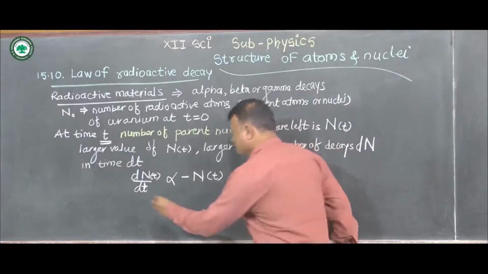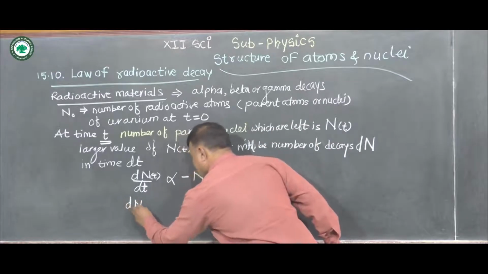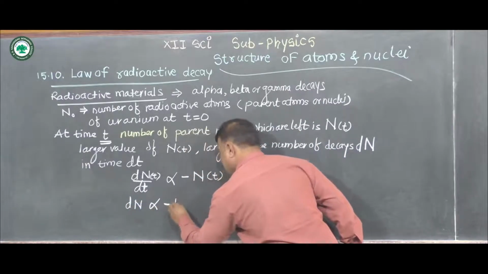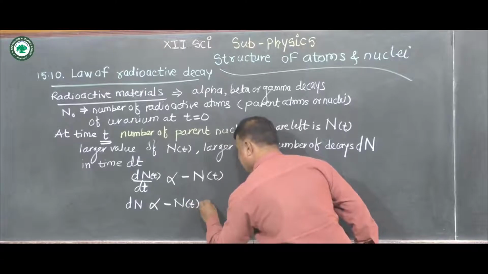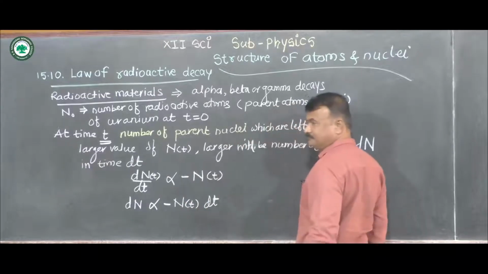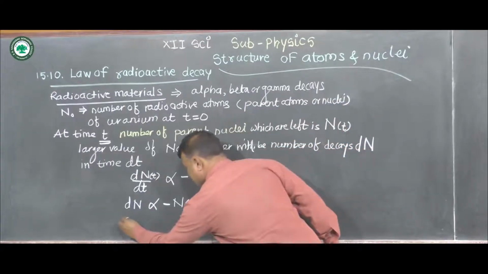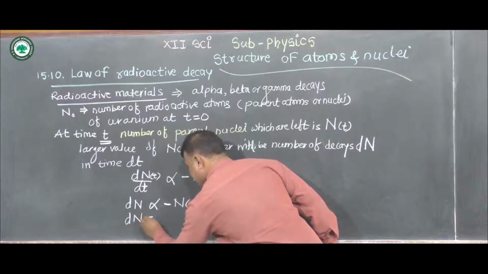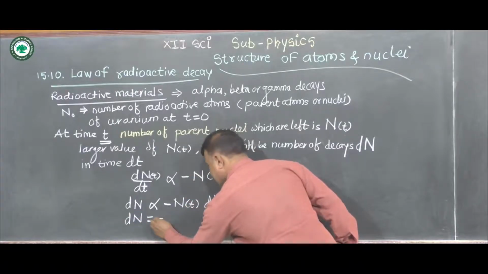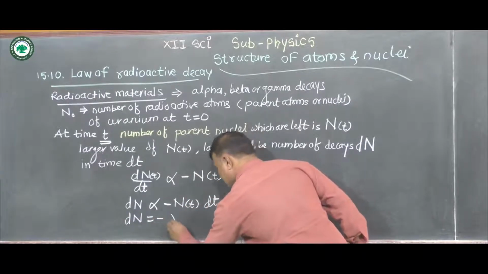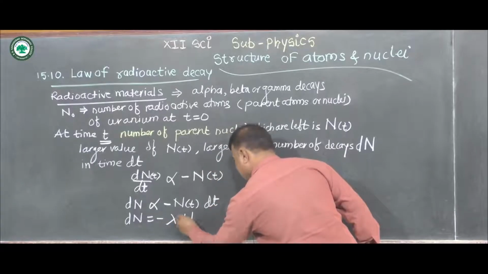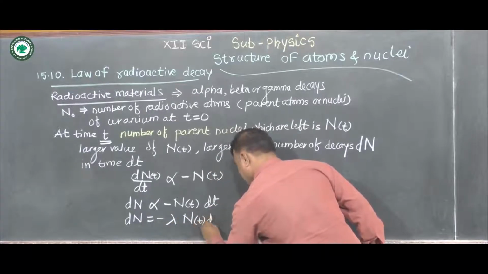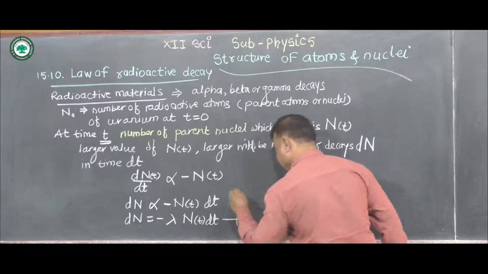Or dN is proportional to minus Nt into dt, or dN is equal to minus a constant, say lambda, Nt dt. This is equation 1.